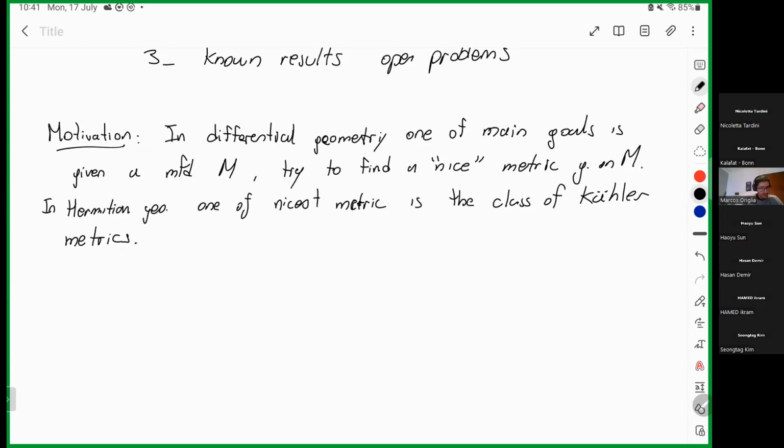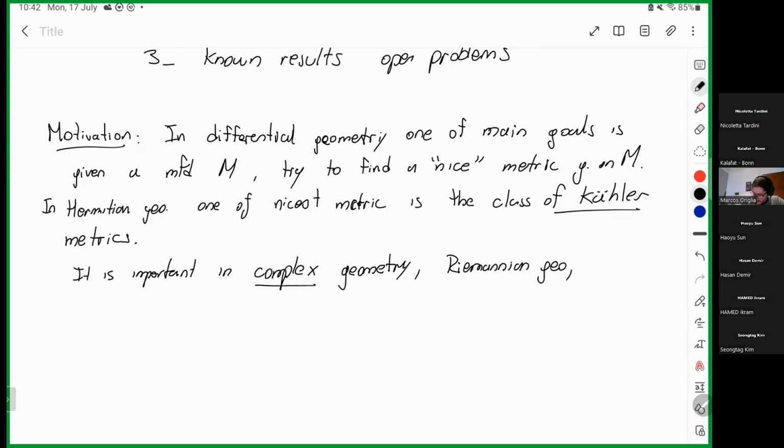But what's the problem? Well, first of all, just some words about Kähler geometry. Kähler geometry is important in complex geometry. We will see more about that. Complex geometry is also related, of course, with Riemannian geometry, and also symplectic geometry.